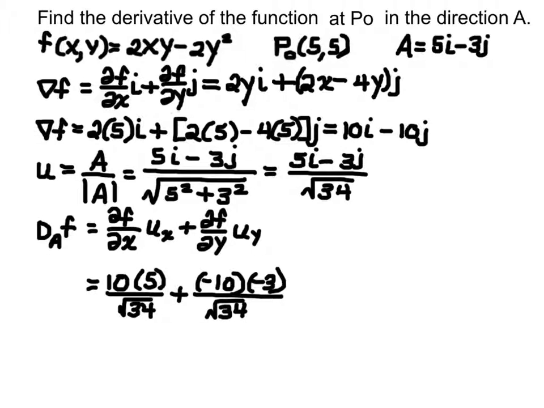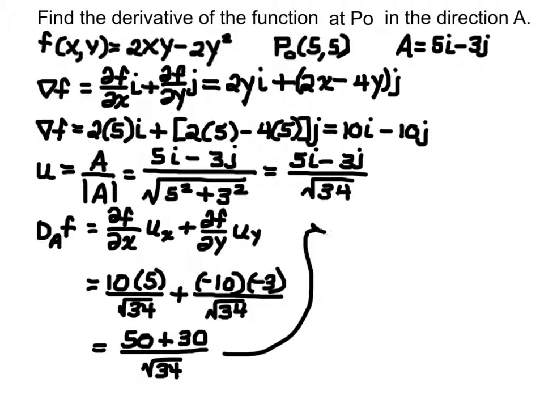And this is equal to 50 minus, or plus, negative times negative is a positive, 50 plus 30 over the square root of 34, which is equal to 80 over the square root of 34. And we can rationalize our denominator by multiplying the numerator and denominator by the square root of 34.